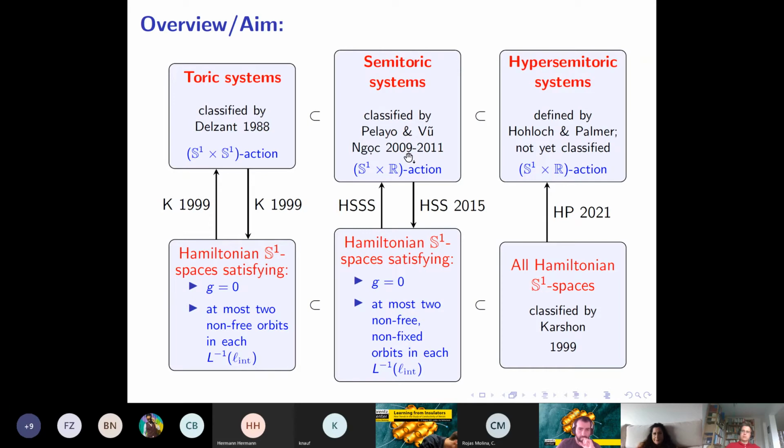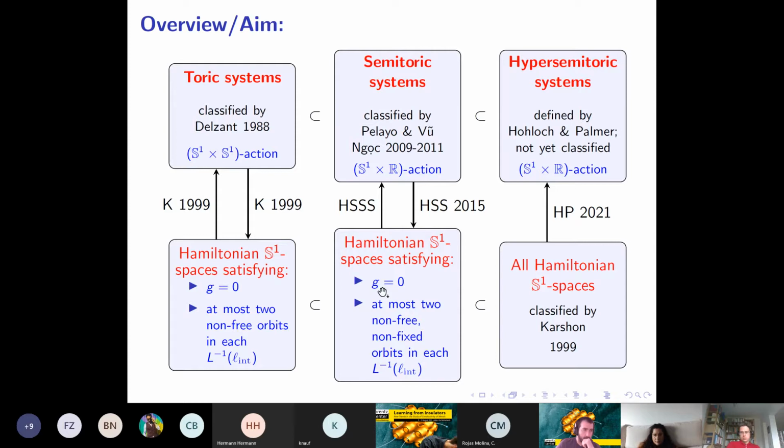And we're seeing later a little bit more about what it actually means and what it is. And then this is the aim, or the end of the talk, when we actually get to the so-called hypersemitoric systems, which generalize these systems here, getting as general as possible while still being reasonable.